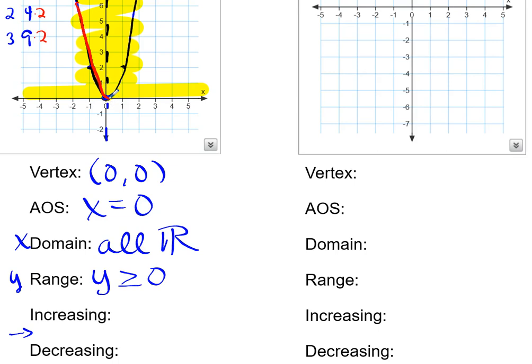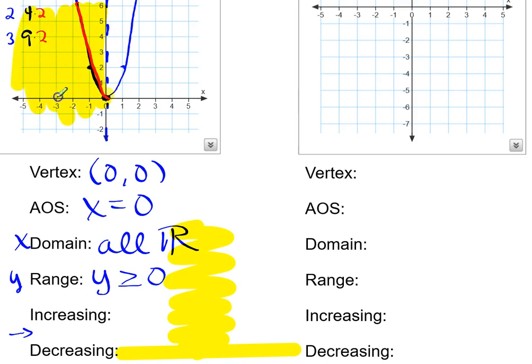Well, what are the x values? The x values for this side of the graph are all negative. They're all less than 0. So it's decreasing where x is less than 0.